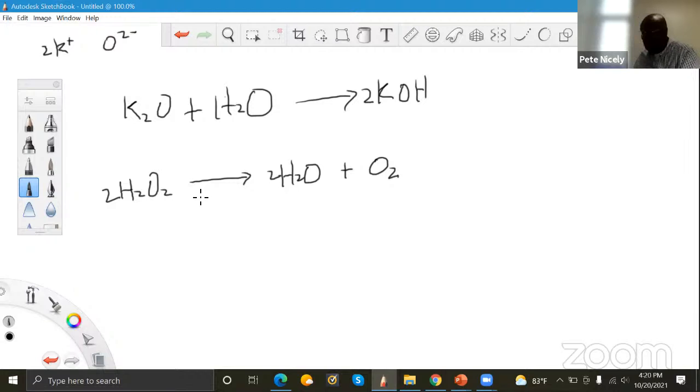The next one says aluminum plus oxygen to give aluminum oxide. So the formula for aluminum is Al. The formula for oxygen is O2. So what's the formula for aluminum oxide?